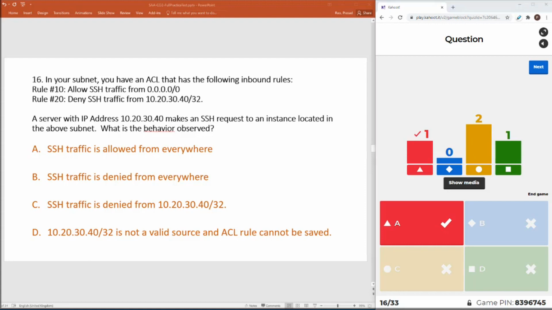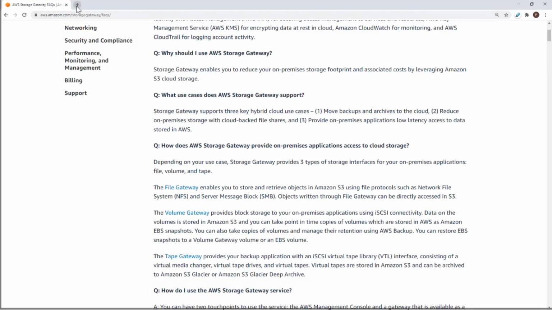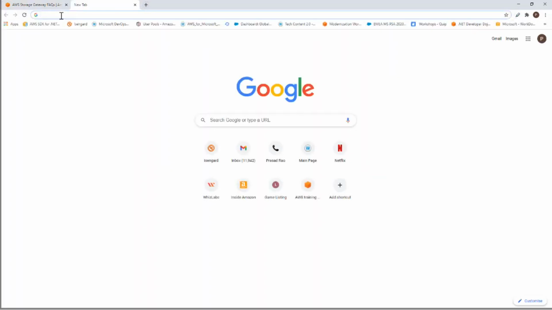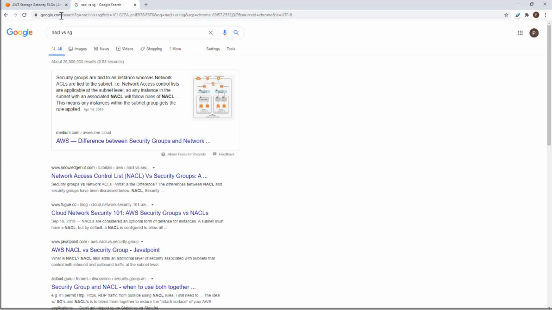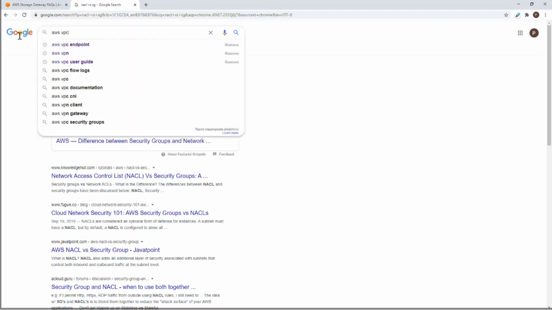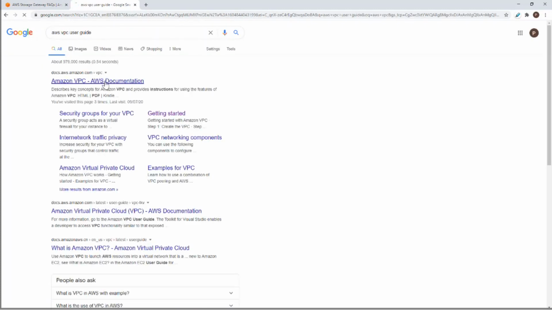So let me try and find NACL versus security group. I would be more interested in showing you the AWS VPC user guide, the more official documentation.